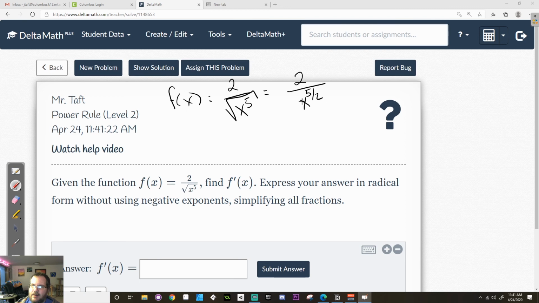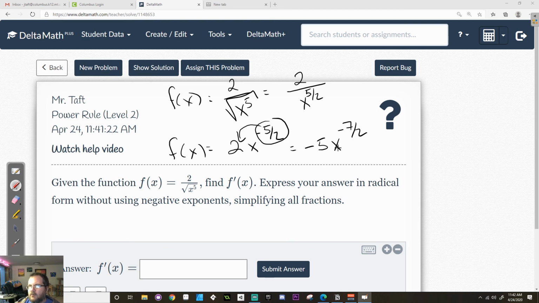But since it's in the denominator, it's also the same as saying f of x is equal to 2 times x to the negative 5/2 power. The negative 5/2 will multiply by what's in front. So negative 5/2 times 2 is negative 5. And then dropping 5/2 by 1 power would be to the negative 7/2 power.